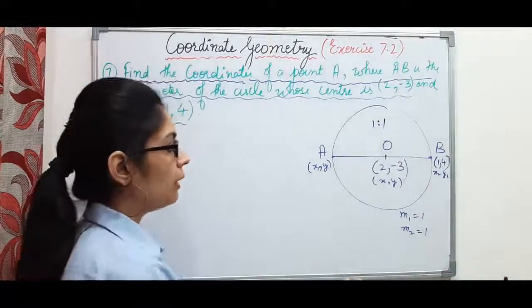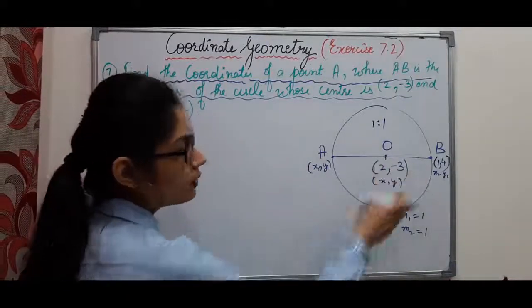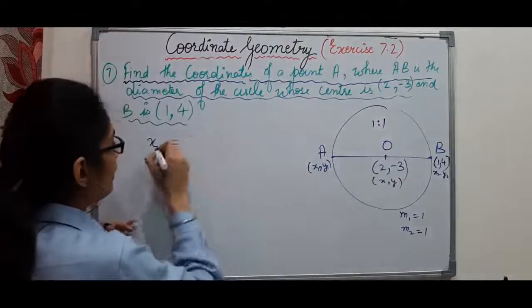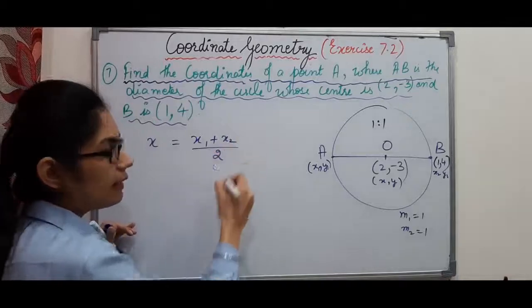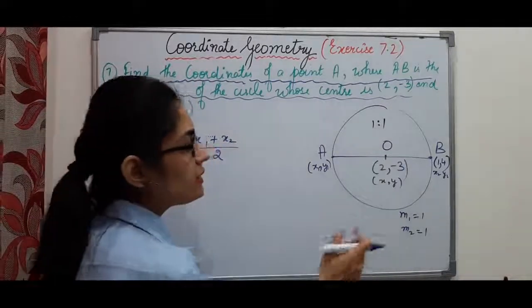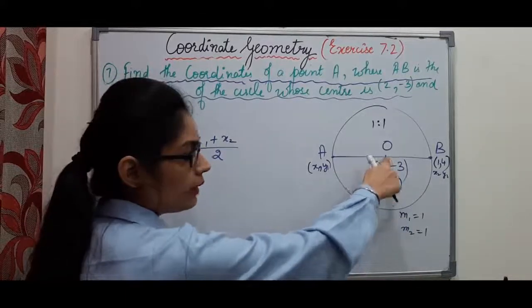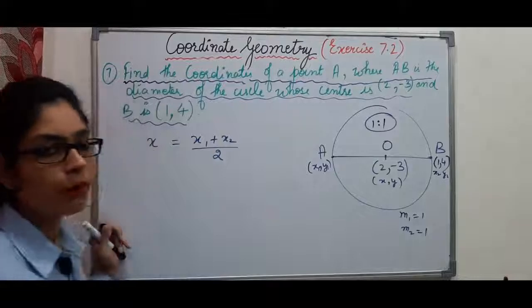And directly you can use this formula. Your coordinate x, for these coordinates the formula has been given to us. So directly we can write x equals x1 plus x2 upon 2. Why this formula? Because O is the center of line AB, and whenever this point is a center, it divides in the ratio of 1:1.